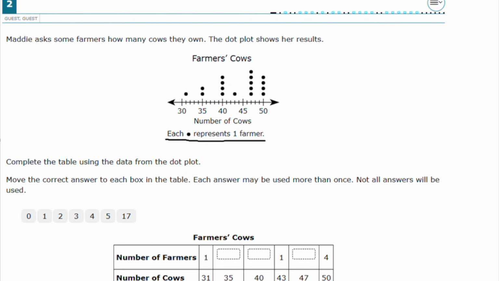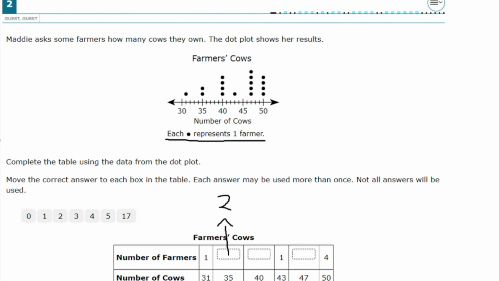So that's the relationship we see right here, okay? So let's keep moving over. For 32, 33, and 34 cows, we see no farmers. All right, when we get to 35 cows, we see that there are 2 farmers that own 35 cows. So the answer for this choice right here is going to be 2.